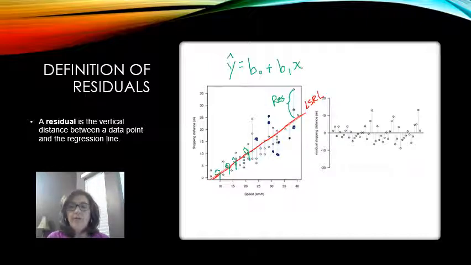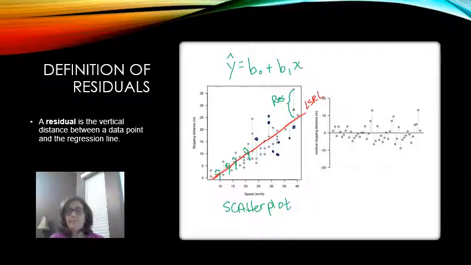So how do you look at a residual plot? This is a scatter plot down here, just what we've done before. We made up a scatter plot. This right here is our residual plot. If you look at this, they've basically flattened out the least squared regression line, and now you can see it.